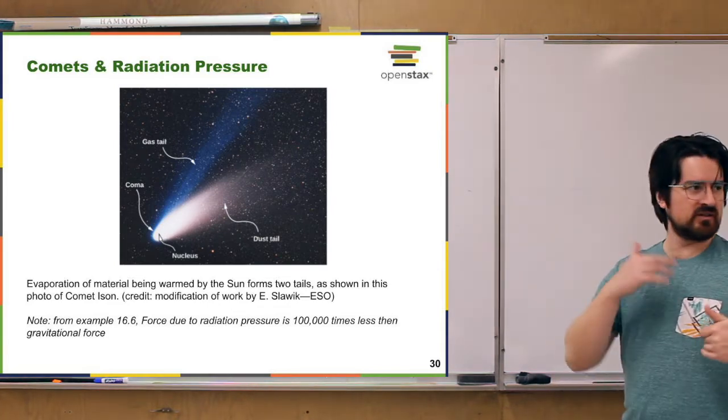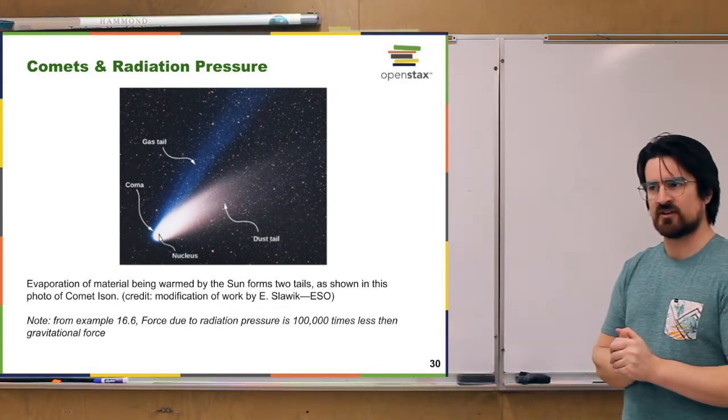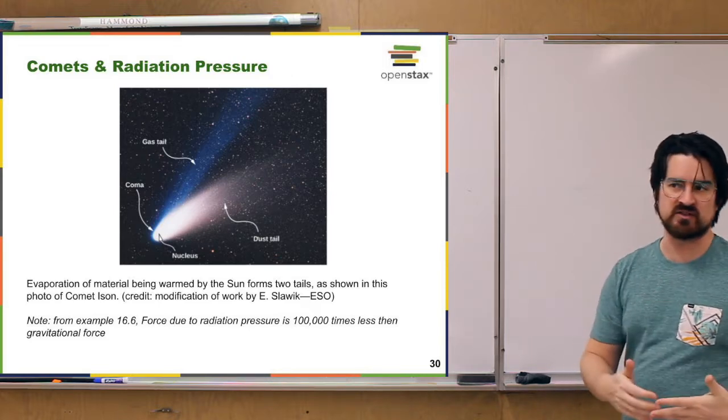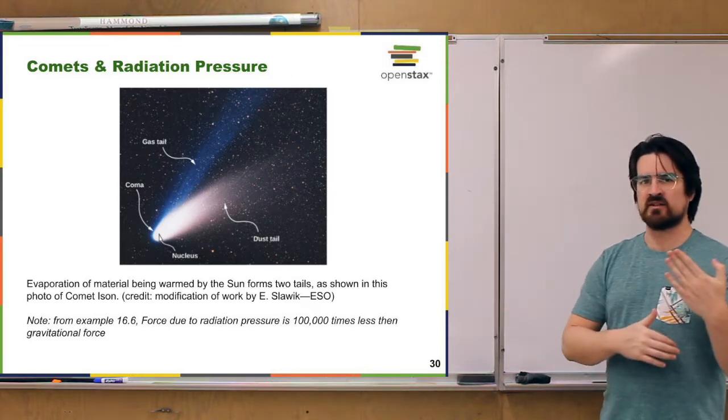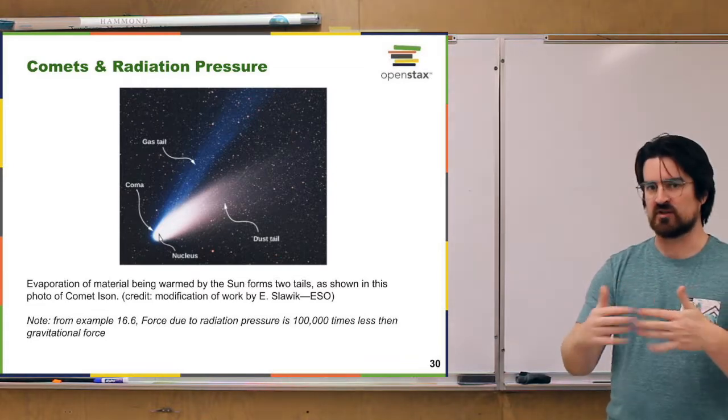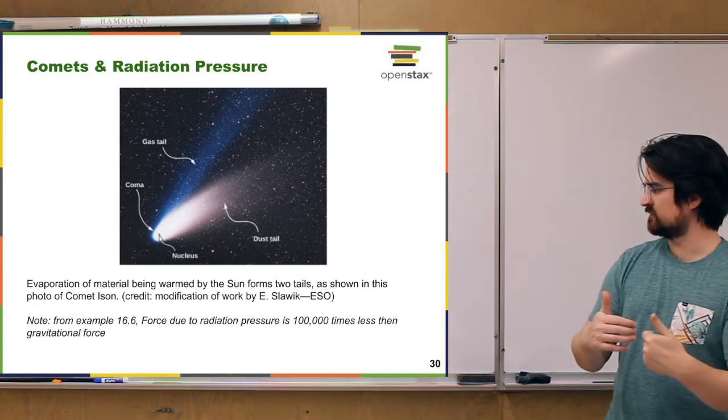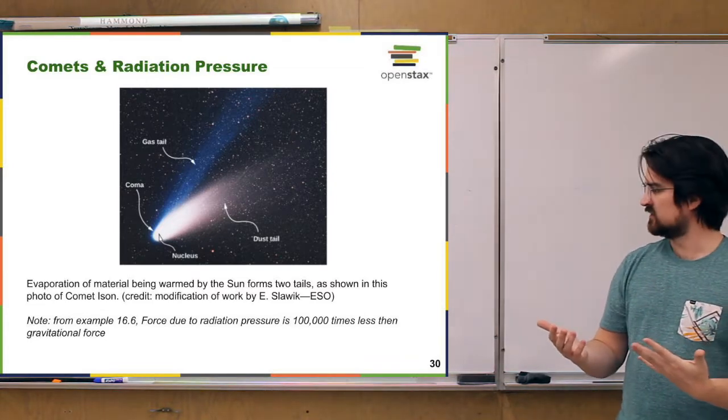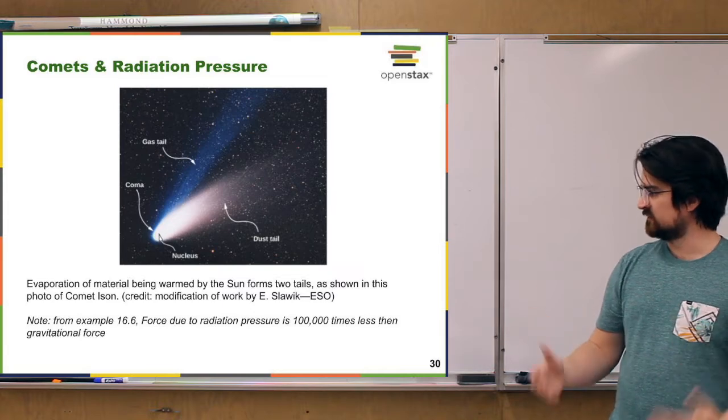Sort of putting quantitative values down to what I was saying at the very beginning of this chapter, that the sunlight is actually exerting pressure on the tail of these comets. It still is very small, like I was saying a minute ago, but it's there.